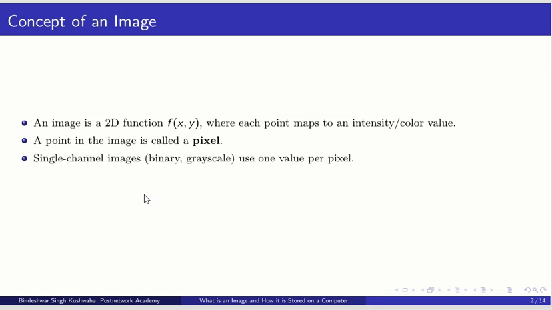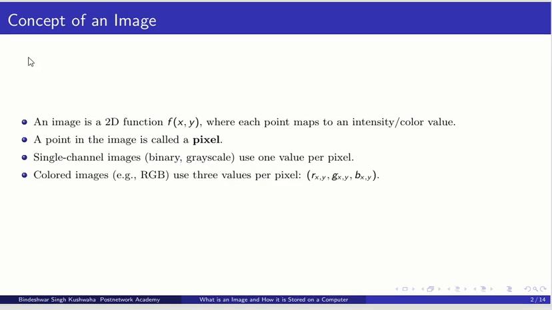Single channel images like binary and grayscale use one value per pixel. We will also see other types of images. Colored images like red, green, blue, that is also called RGB, use three values per pixel: red, green, and blue.